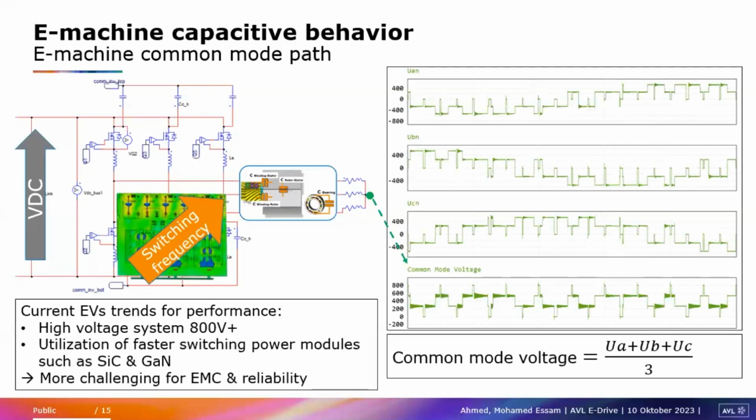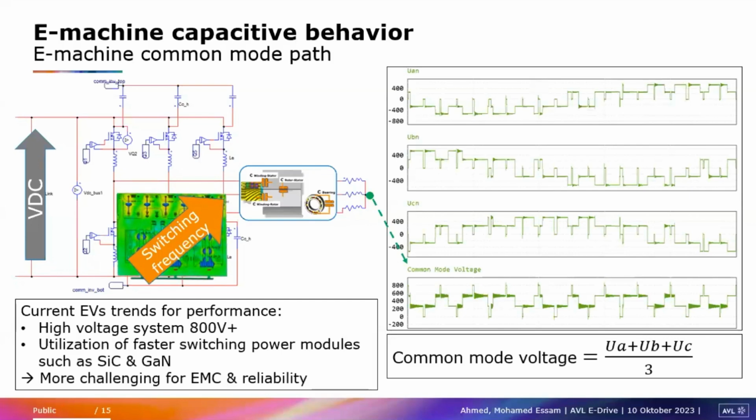Commonly, if you have a star point machine, which is most common, you would have on this star point, or what we call the common mode point, an interaction of the three phase voltages, which creates something called the common mode voltage. This common mode voltage has different levels: 0, 1/3 of the volt, 2/3 of the peak.